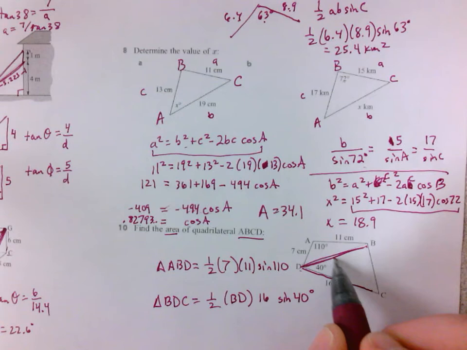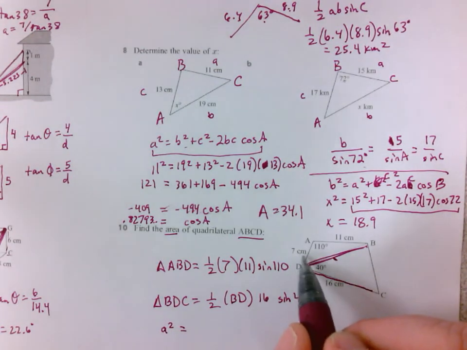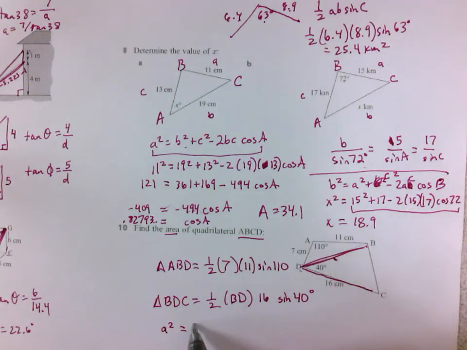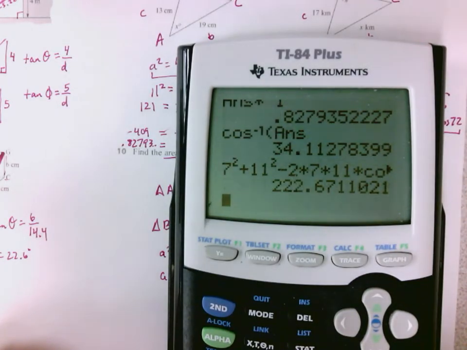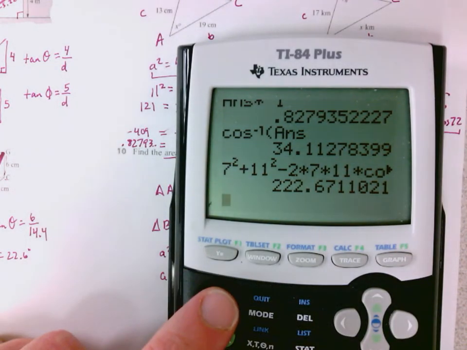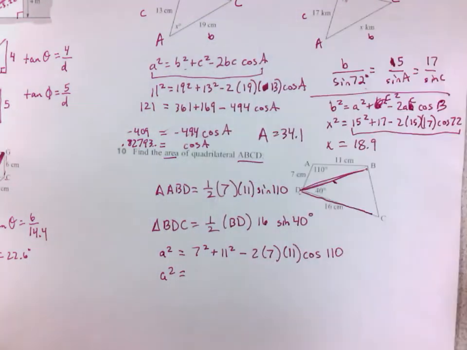So this side squared, a squared equals b squared plus c squared minus 2bc cosine A. I'm going to find all that. I'll pause it here and do it on my calculator. Take the square root of what I get, 14.9.